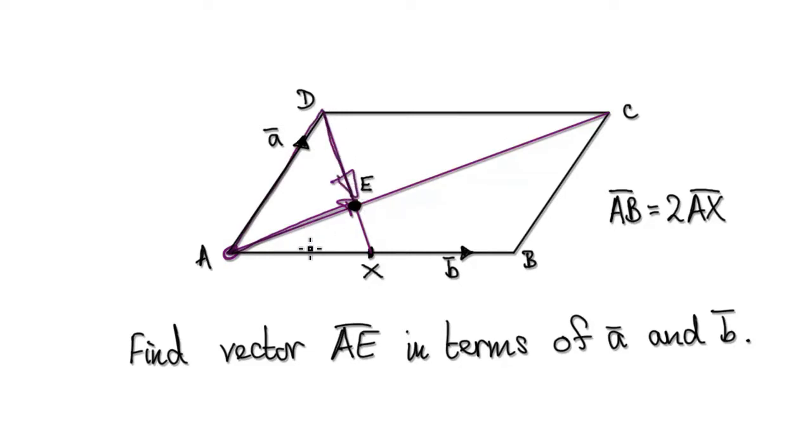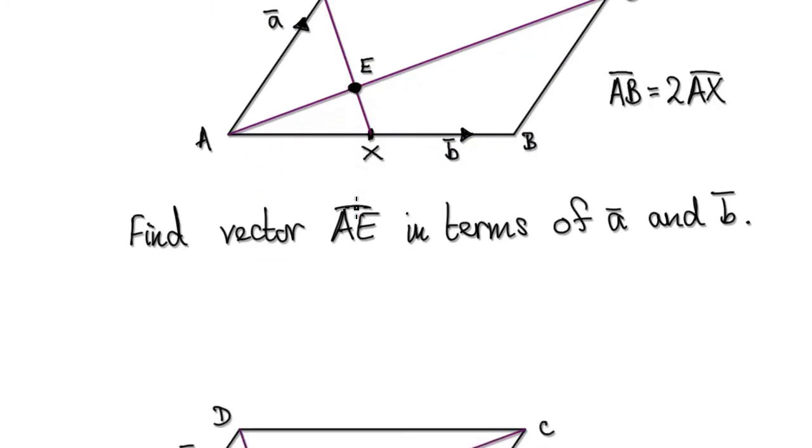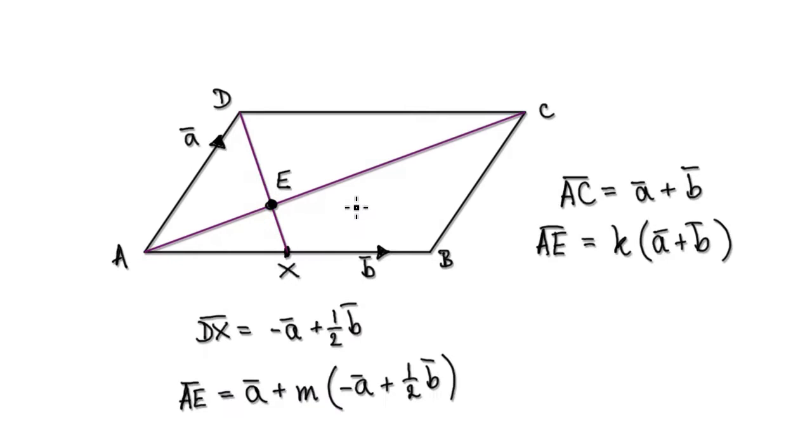The other is to find this vector AC, which is going to be across here, which is b, and then up here, which is a. So let's start again.